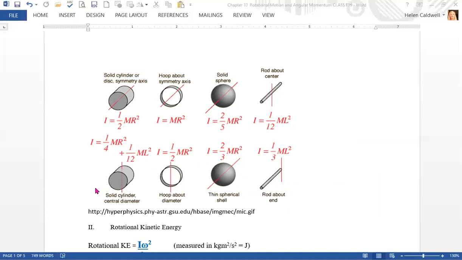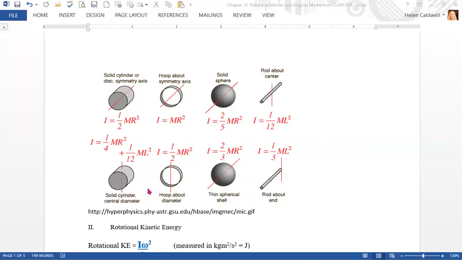Solid cylinder around the central diameter. I don't know that I've got any real world example to give you, but it's like you took a can and drilled a hole all the way through it around the rounded end and stuck a pencil through it and tried to spin it around that.